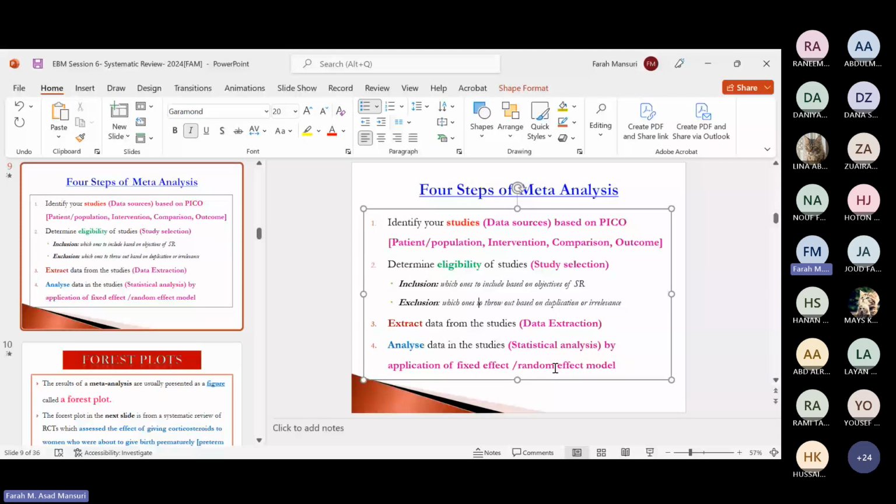If in your data extraction, or in the PICO even, you find that your outcome is qualitative, then there's no need to apply meta-analysis, because meta-analysis is only considered when it is a quantitative outcome.